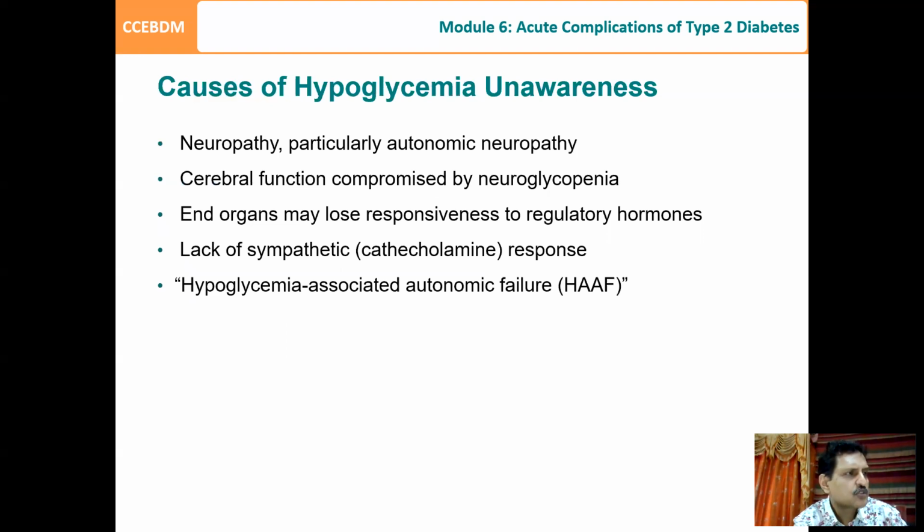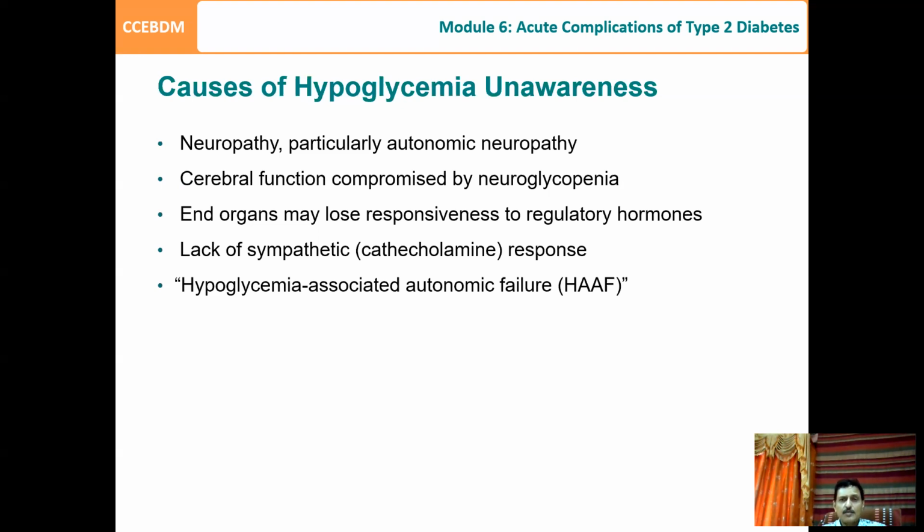The cause of hypoglycemia unawareness is basically long-standing diabetes. If the patient has an autonomic neuropathy, and also if the end organ responsiveness is low, and if the patient has a lack of sympathetic response, we call it hypoglycemia associated autonomic failure.